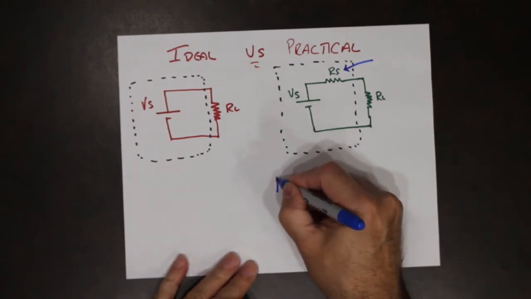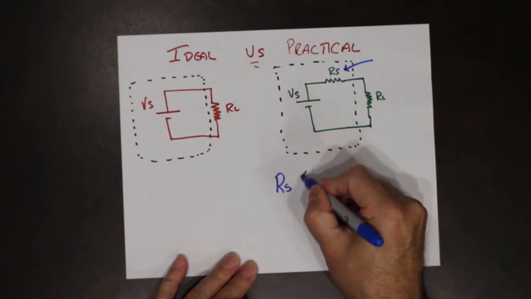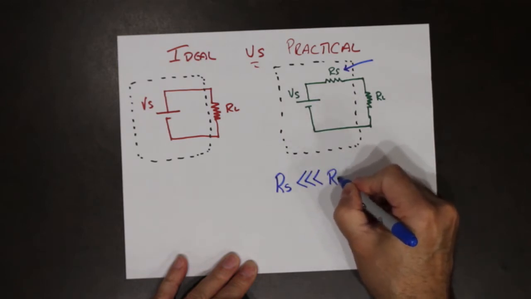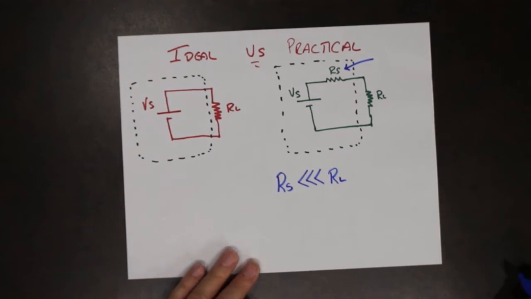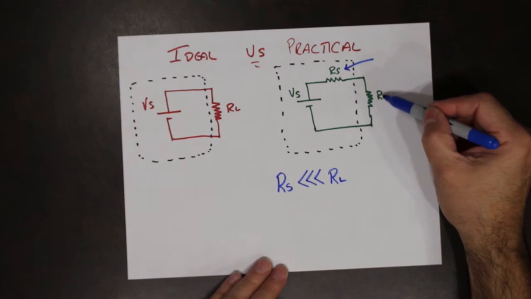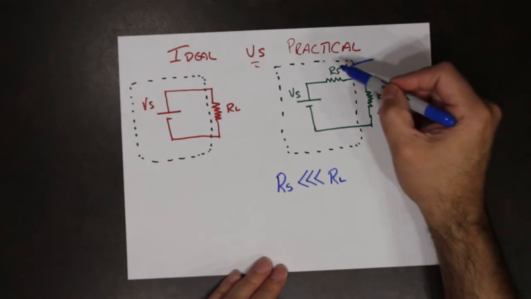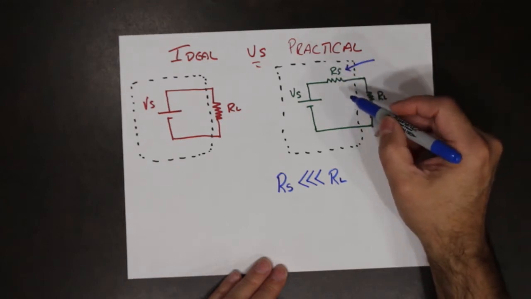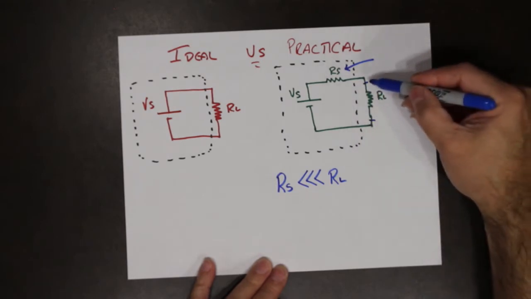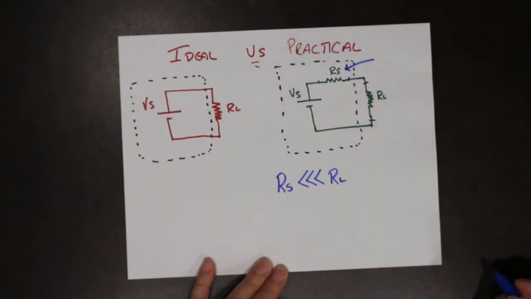So we want RS to be a lot lower than RL. We want RL to be a lot bigger than RS. Therefore, the majority of the Vs supply is dropped across RL, and only a tiny bit is lost across RS.